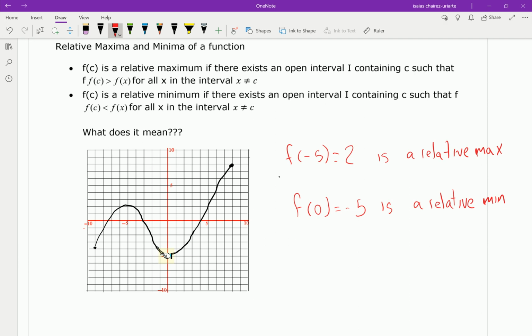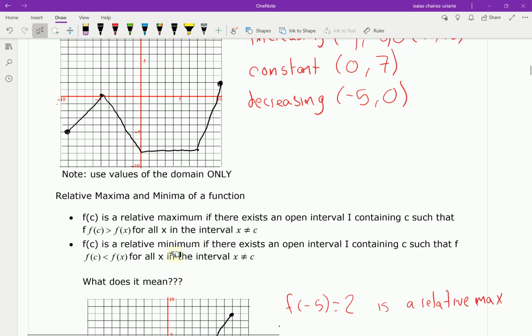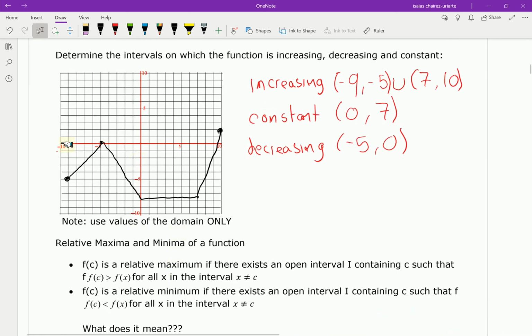Don't worry too much about these intervals and whatnot. Right now, intuitively, this is a relative maximum value, and we're talking about the y value. And this is a relative minimum value. Again, we're talking about the y value, whereas earlier, with increasing and decreasing, we were talking about x values. So be careful with that.